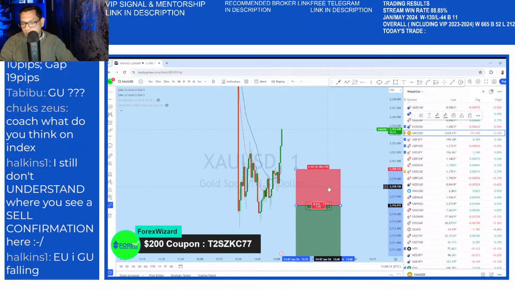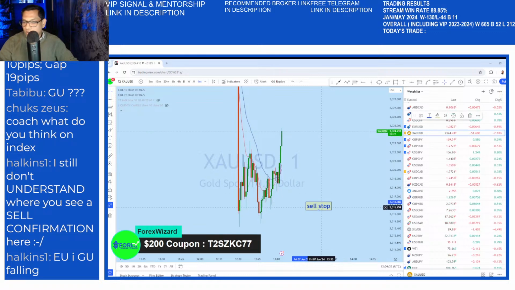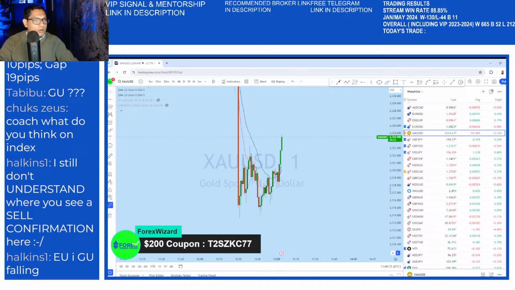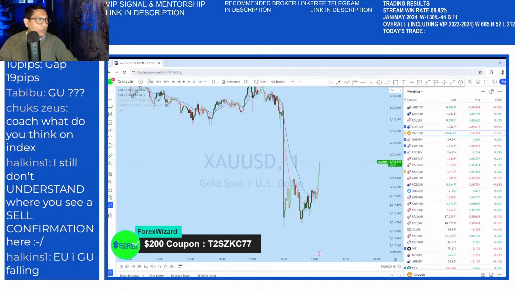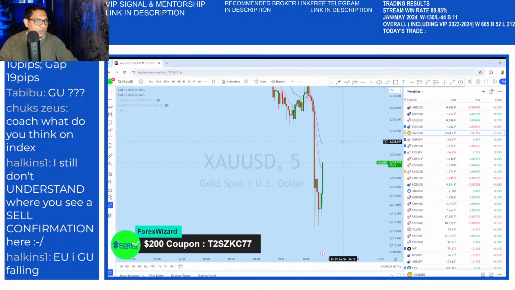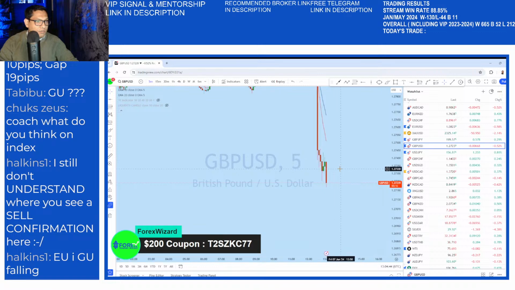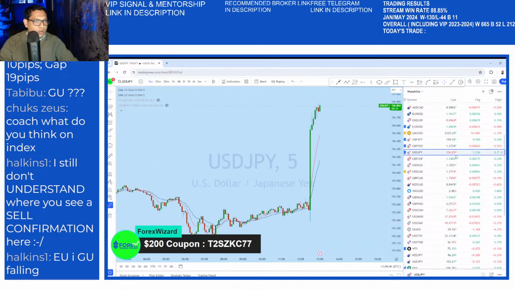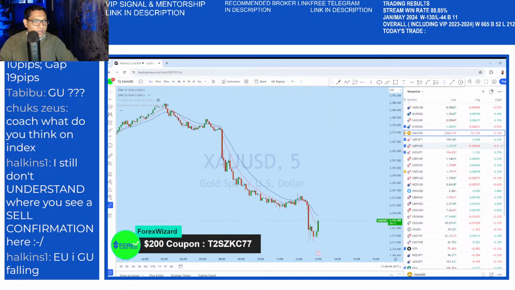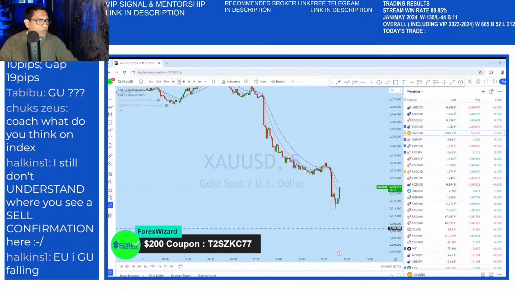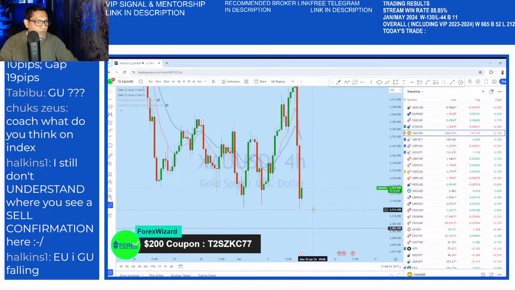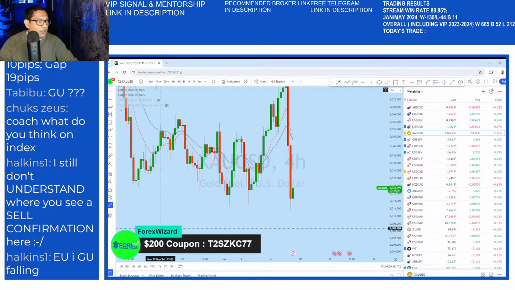The pending order, we will be re-entering again once we find a suitable entry. GBPUSD just breaking below from here. Dollar yen, again gold. So what's happening with the gold is after break of this low, trying to get a rejection here.